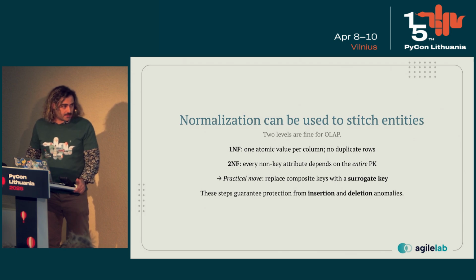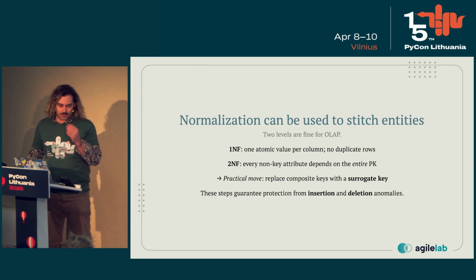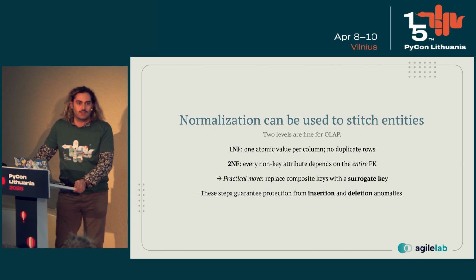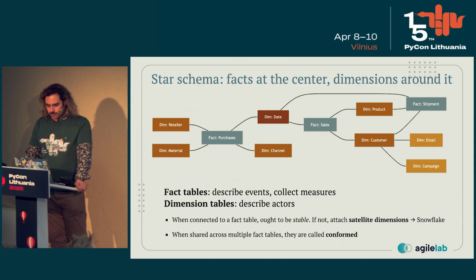So these steps will guarantee you safety from insertion and deletion anomalies. Data might be updated, and that's not going to be safe, but in an OLAP setting, you shouldn't be caring that much about that. So let's come to the modeling side.